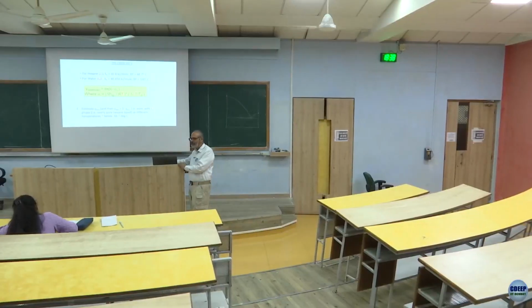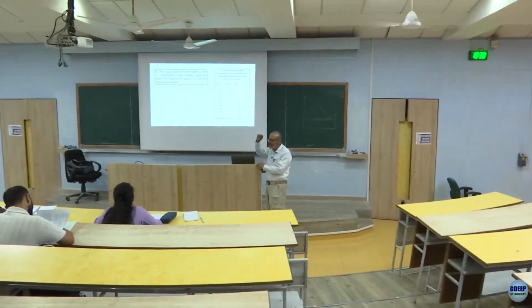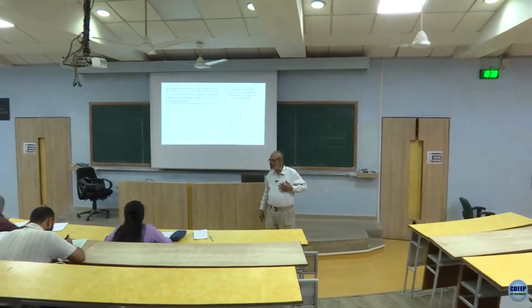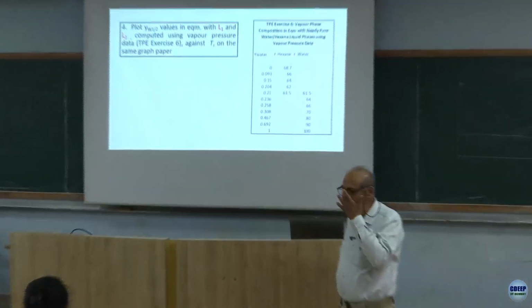So some people have already been able to complete the computation and plot the graphs. What I am giving you next is this data, which was the problem, the TP exercise 6.